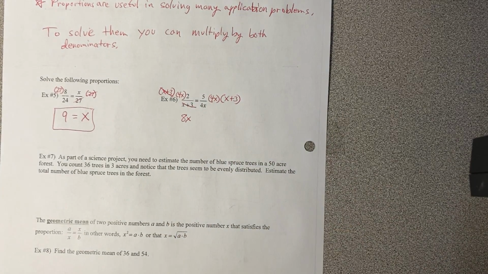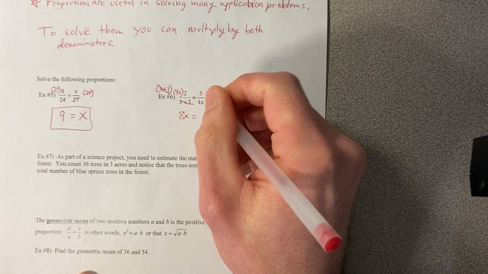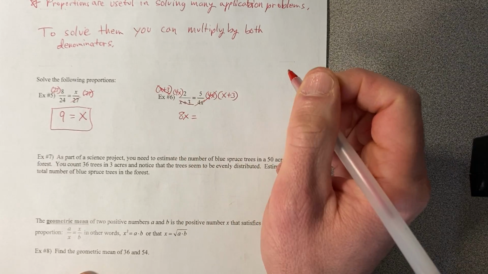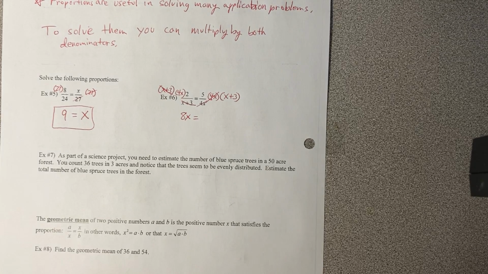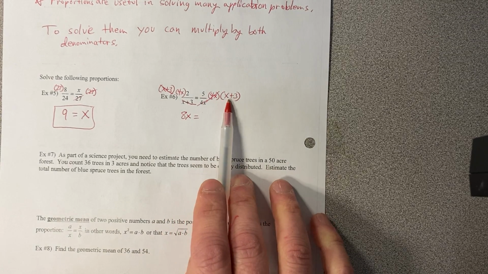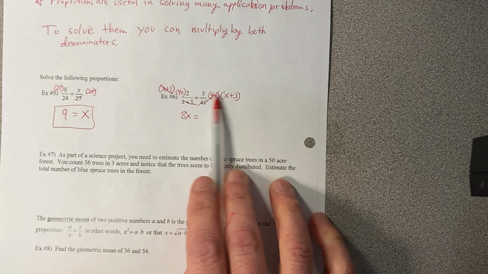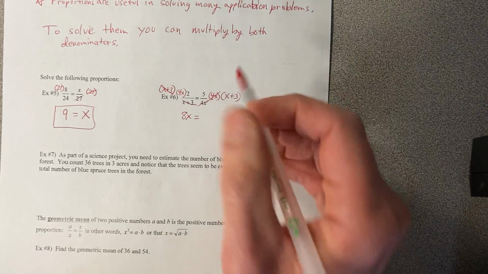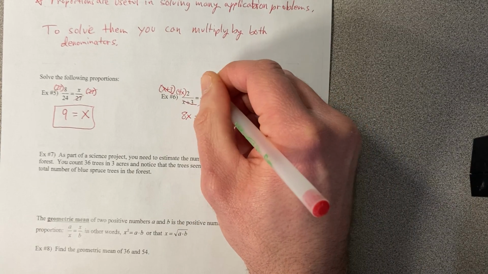8x, 4x times 2. On the other side, the 4x's go away, and we're going to have to do what with the 5 and the x plus 3? Yeah, which means we're going to have to distribute.